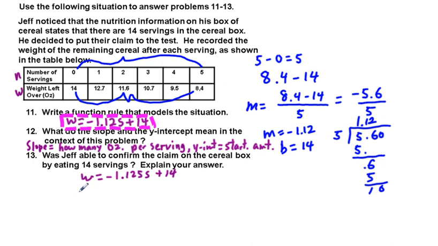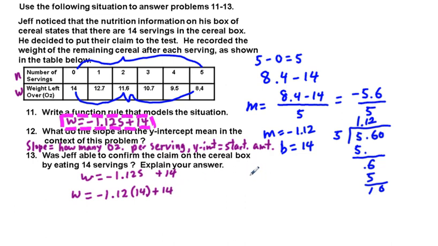If we plug in 14 for the servings, we get negative 1.12 times 14 plus 14.